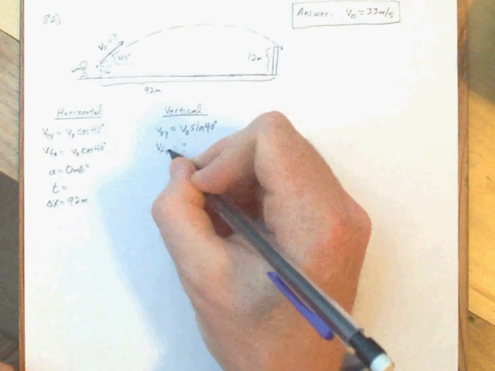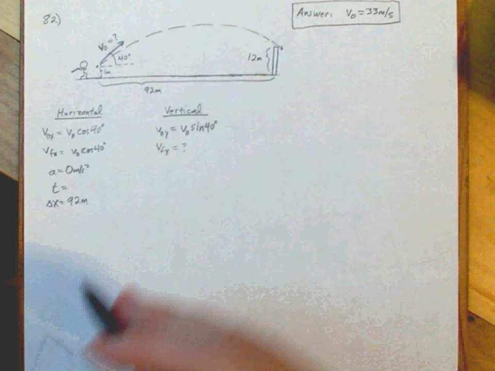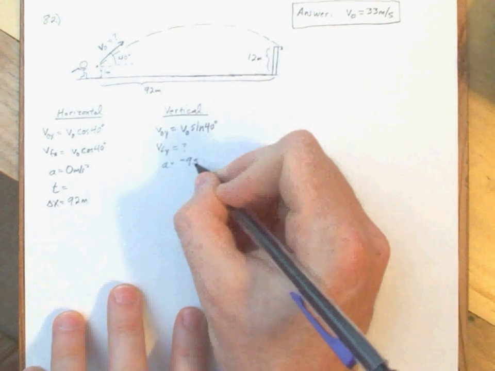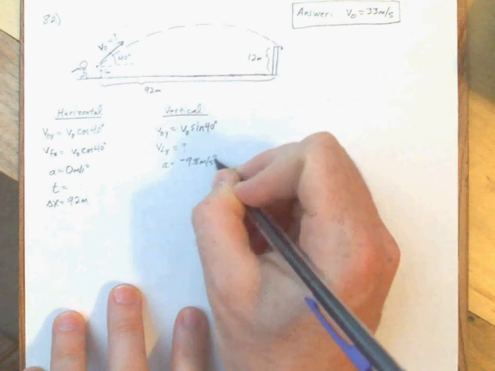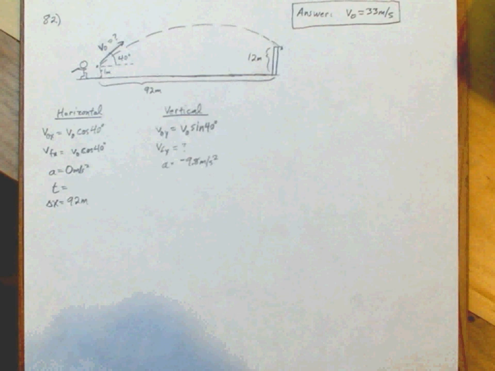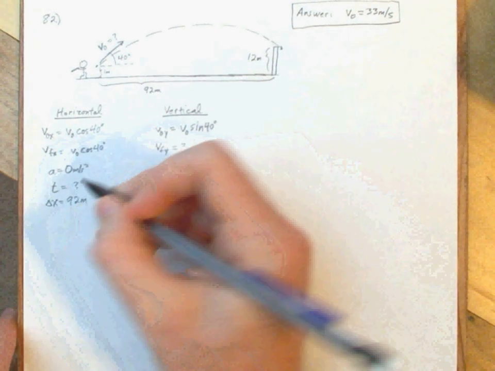Vertically, our v final y, we do not know what that is. It's not the same as the original velocity because our starting and ending heights are not the same. Our acceleration the whole time the thing's in the air is 9.8 meters per second squared. And our time, we don't know. And our delta y.